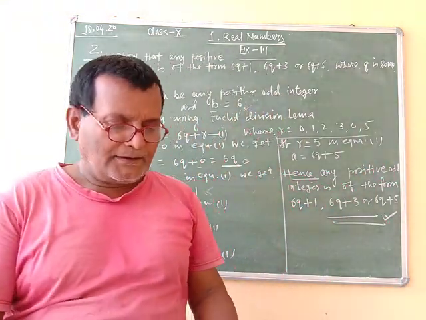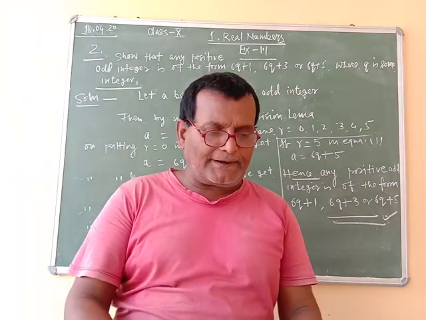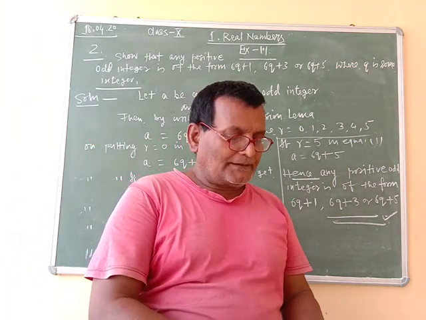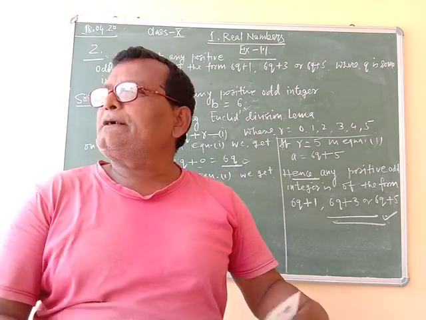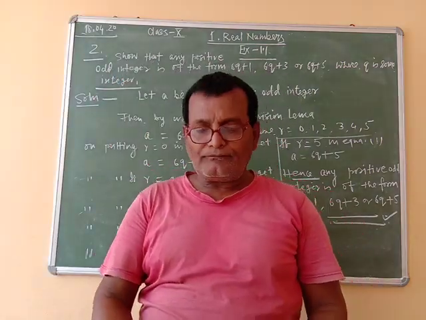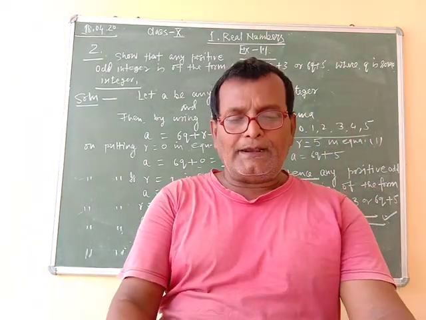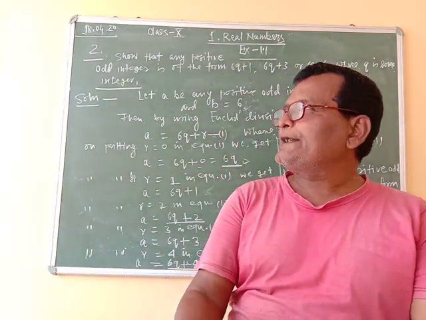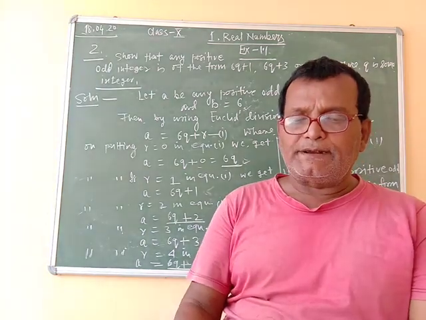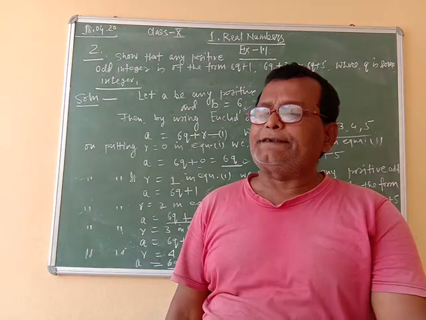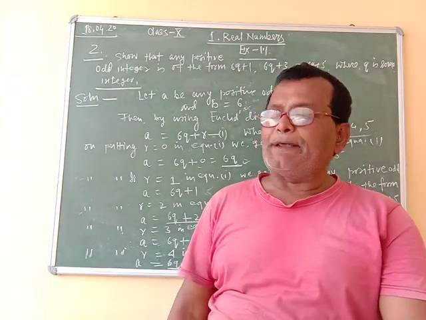Question number 3 is given. Any army contingent of 616 members is to march behind an army band of 32 members in a parade.